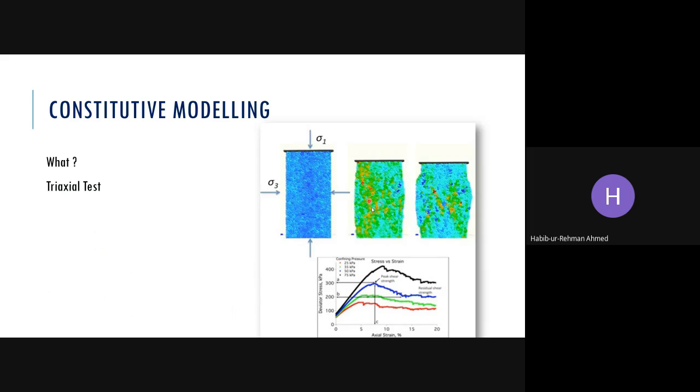And now I think you can imagine that if part of the material over here is dense and part of the material here is loose, you can easily see the difference in behavior during the stress strain modeling.